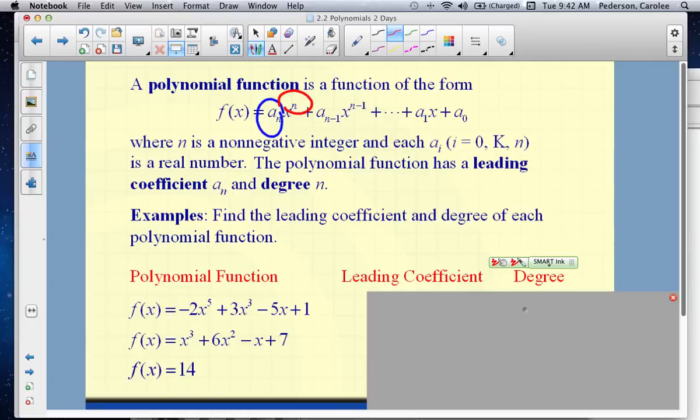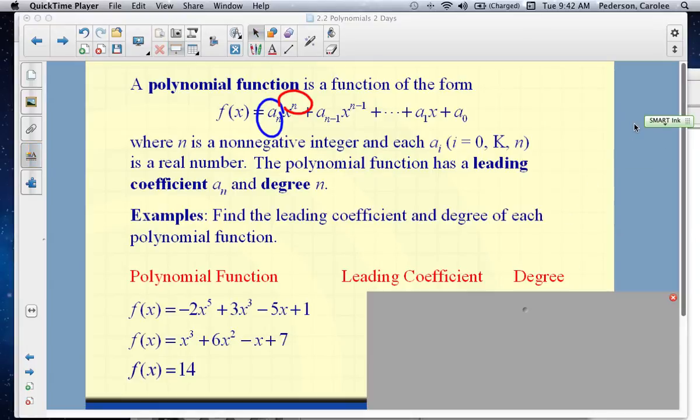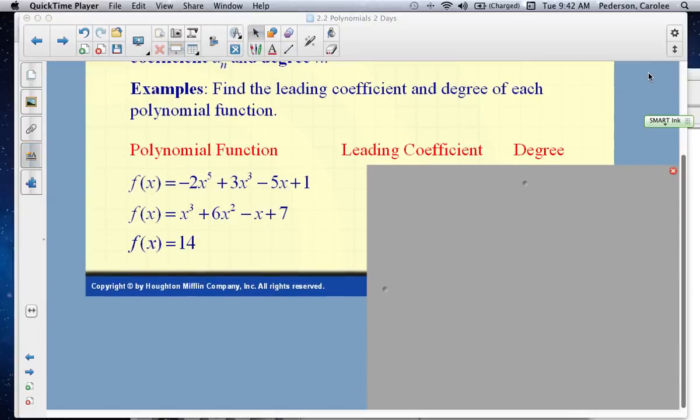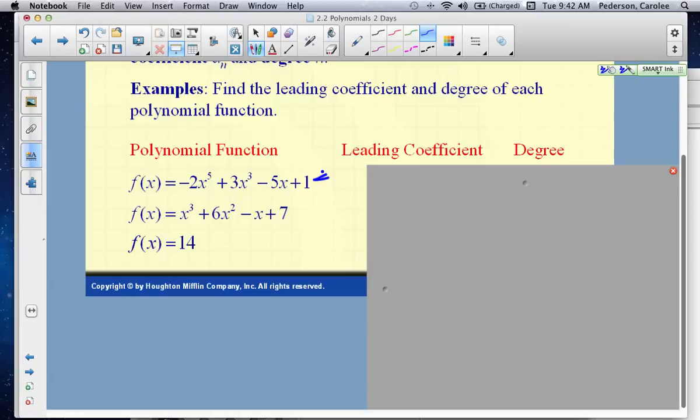So we're going to just answer to our class. In the first example here, moving it down a little bit, push that screen recording off. The first function, what is the leading coefficient of this first function? What's the leading coefficient?